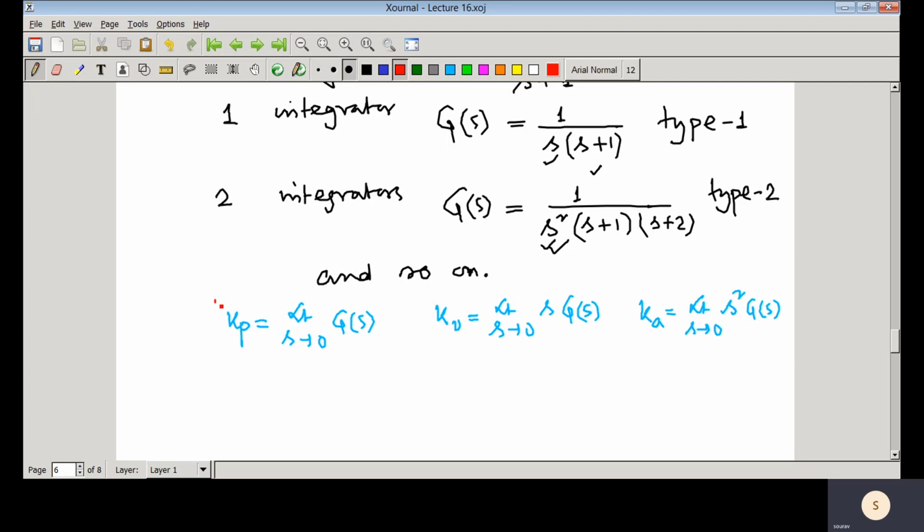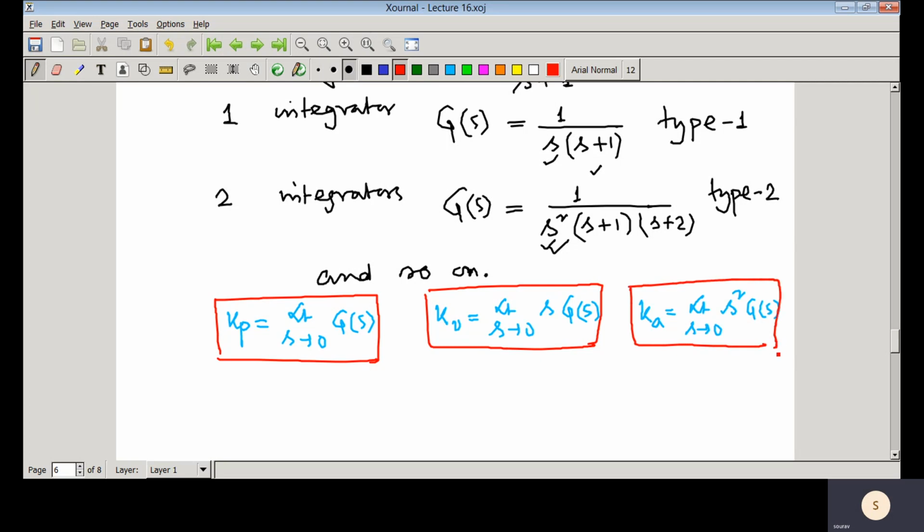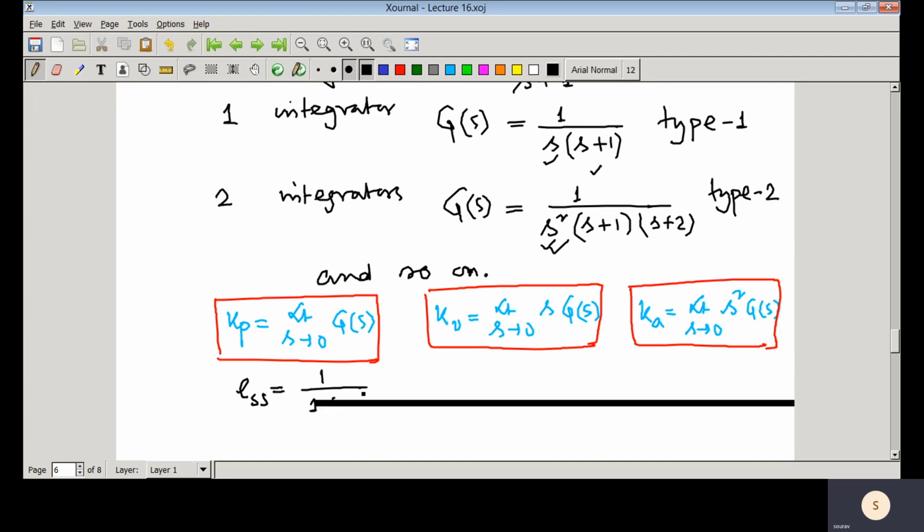So we have defined three constants, and we found that this Kp is defined whenever the signal is a step signal, and the steady state error is 1 plus Kp.